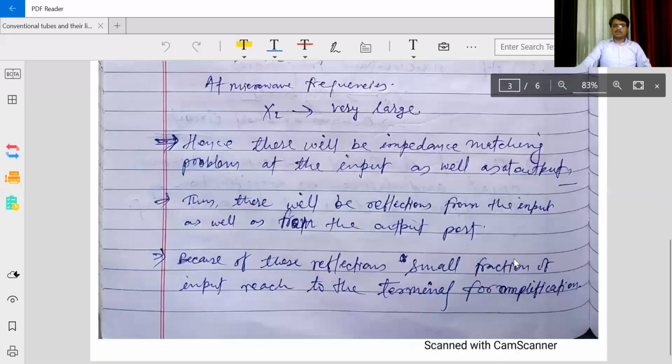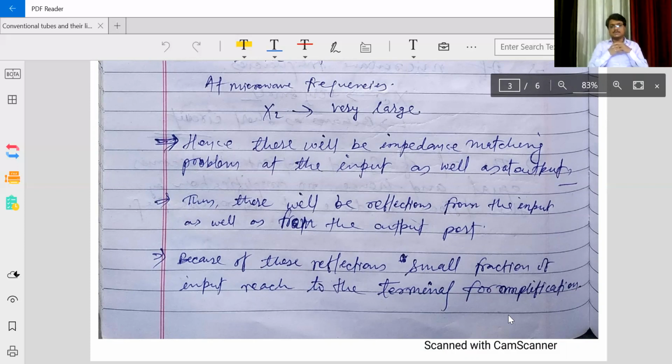Because of these reflections, a small fraction of the input reaches the terminal for amplification. Because of the high impedance, the impedance will not match at the input, and it will also not match at the output.